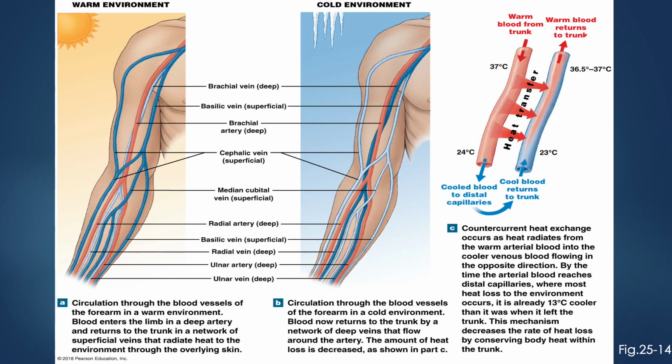So we keep the warm blood towards the core of our body, both in the core of our arms and back to the core where our organs are. And then in image C, you can see what a countercurrent heat exchange looks like, as the heat radiates from the warm arterial blood into the cooler venous blood flowing in the opposite direction.